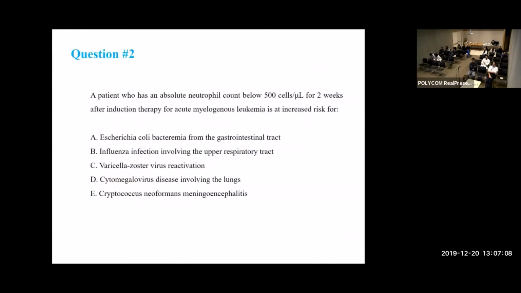Another question: a patient has an ANC below 500 for 2 weeks after induction chemotherapy for AML. What do you think these patients are at increased risk for? Remember that the patient is neutropenic.